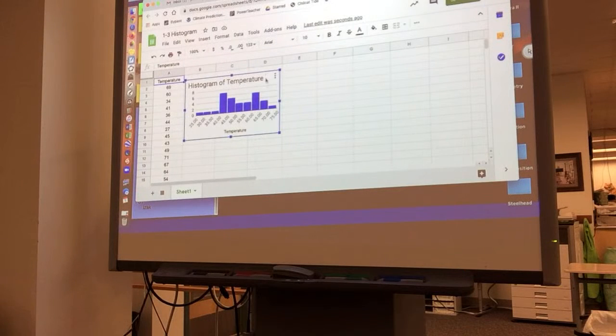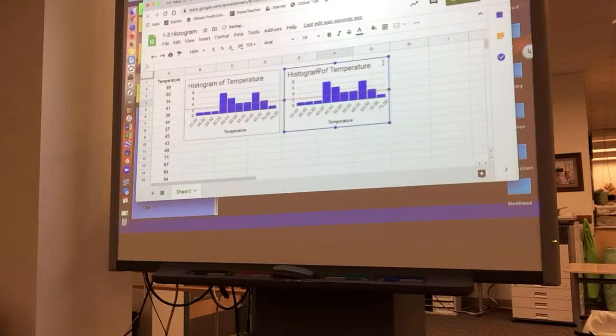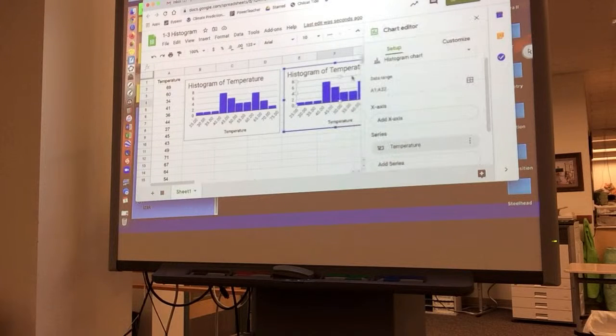So if I take this histogram and Command C, move over here, Command V, and then just go to the upper right with the dots. Yes, edit chart. And then we get right back to that customized place where we can change the histogram bucket size. Mm-hmm. Are you cruising along with that?